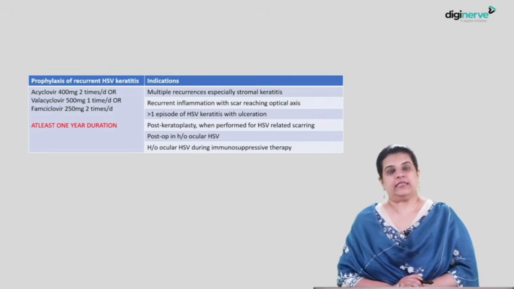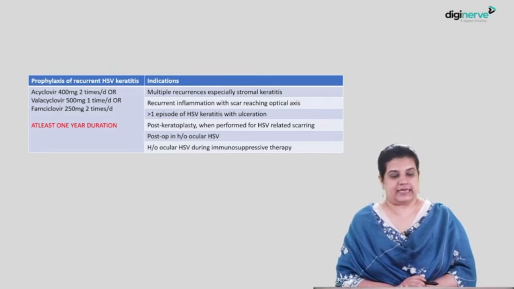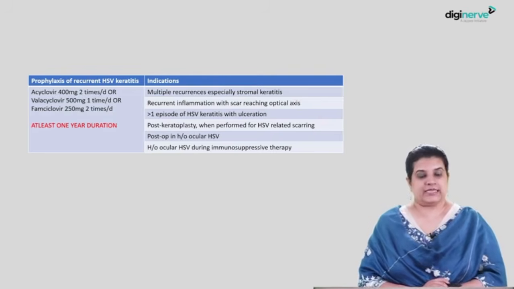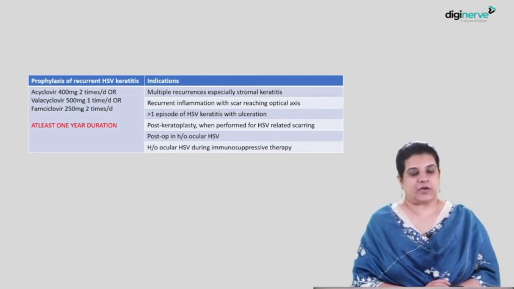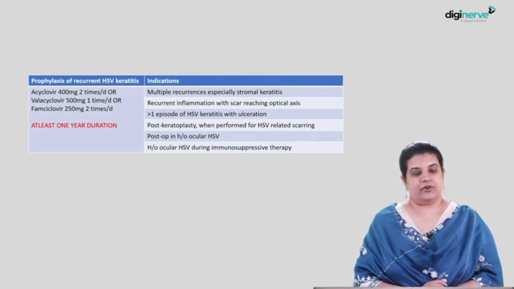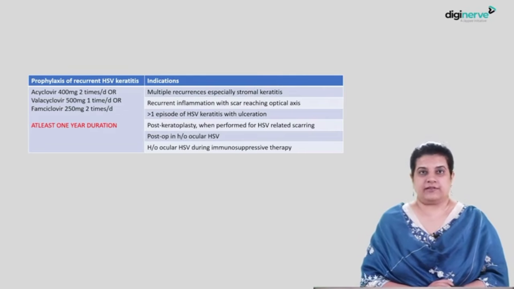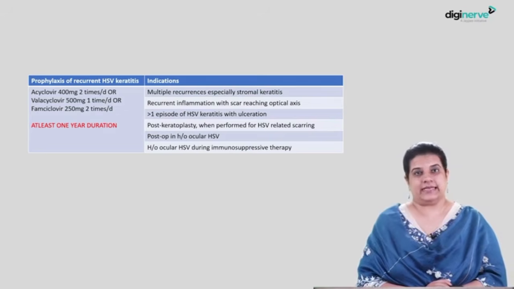Prophylaxis for recurrent herpes simplex virus keratitis includes acyclovir 400 milligrams twice a day or valacyclovir 500 milligrams once a day or famciclovir 250 milligrams twice a day for at least a year.